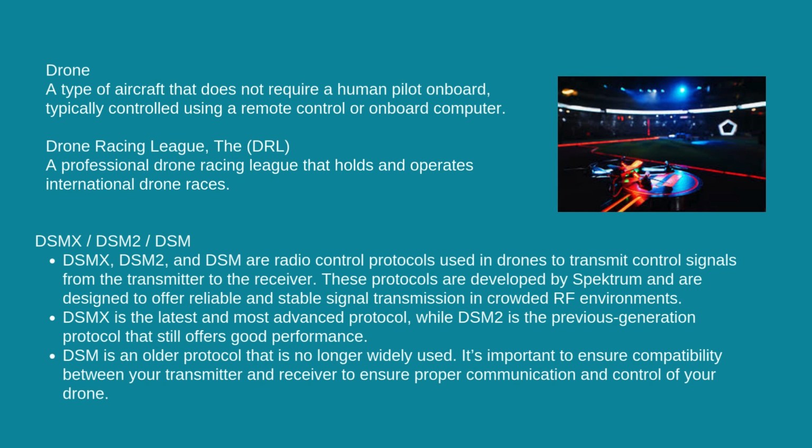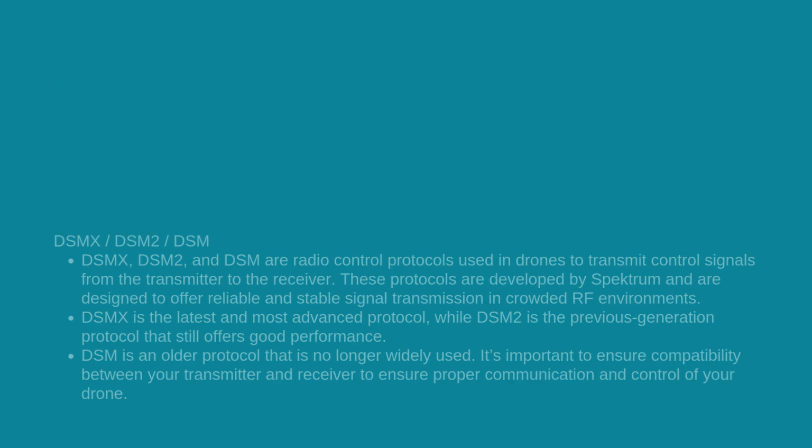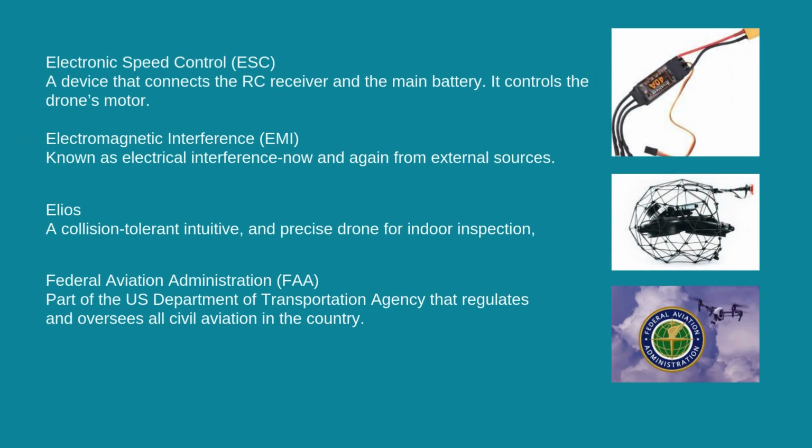These protocols are developed by Spektrum and are designed to offer reliable and stable signal transmission in crowded RF environments. Electronic Speed Control, ESC: a device that connects the RC receiver and the main battery. It controls the drone's motor.